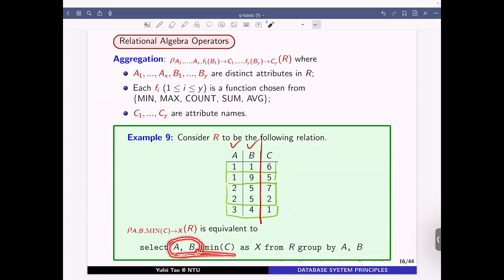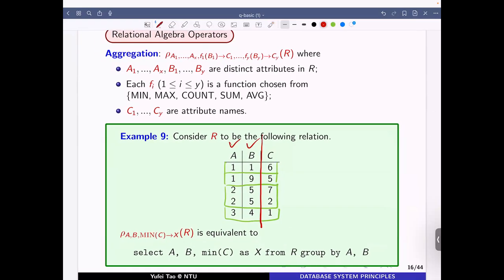This makes sense because for every group, the A, B combination is unique. All the tuples in the same group must have the same A, B combination, so it makes sense for you to say, I want the AB combination.